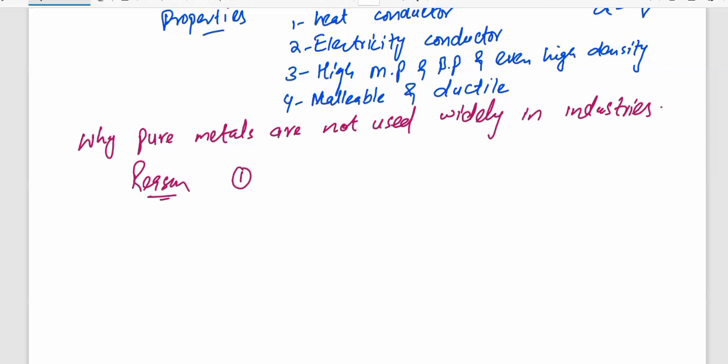So when force is applied, they slip over each other. A pure metal contains atoms of the same size.